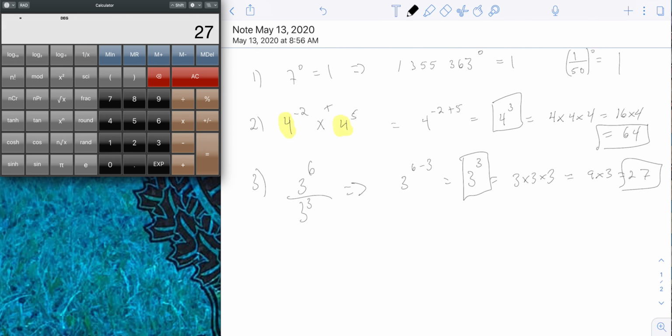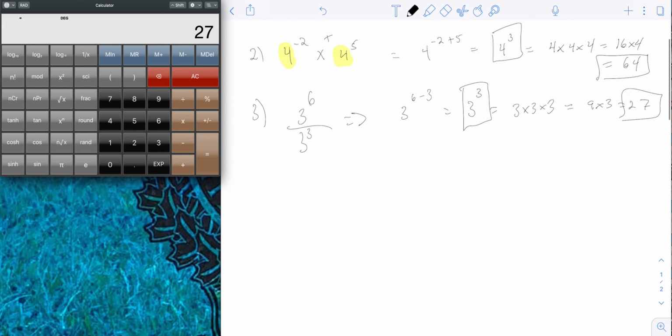Now the only way for me to make that a little trickier is what if the exponent in the denominator was negative? I'll make a new question: 2 to the 2 over 2 to the negative 3. The bases are the same, so it's 2, and then I'm going to go 2 to the, and then minus, because it's a quotient, but the other one is a negative.